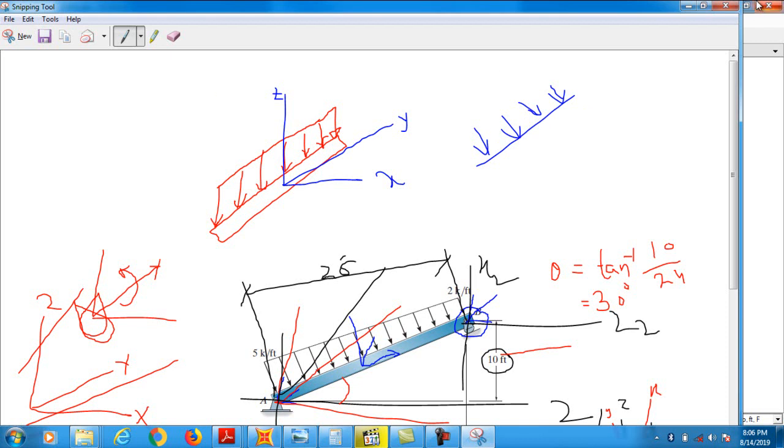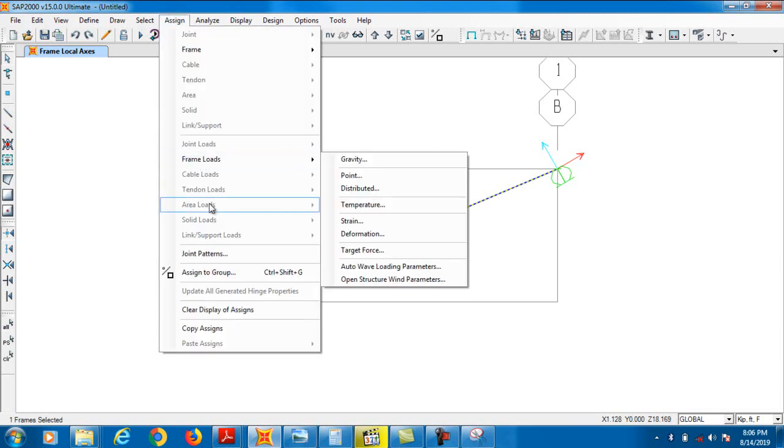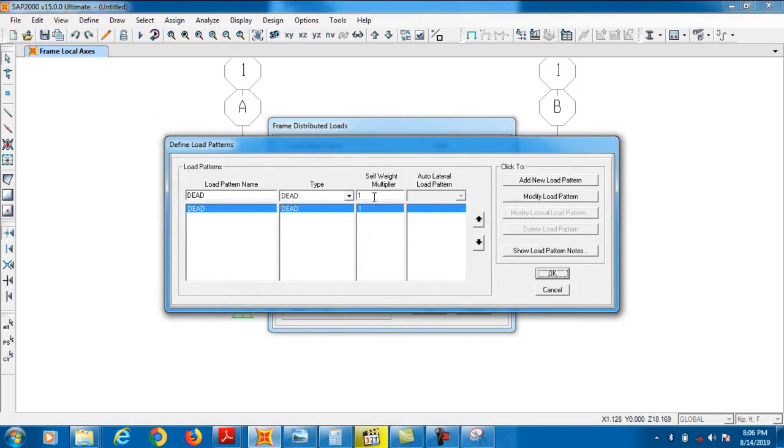Here I don't rotate the element. I identify my local axis and I see that my y axis of the local axis is perpendicular to the line element. So I can assign my load now perpendicular to the line element. So select it, assign, frame loads and distributed load. Clear? Make sure your dead load multiplier will be 0.